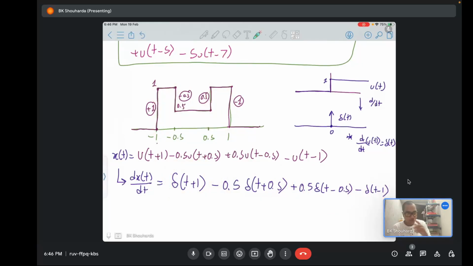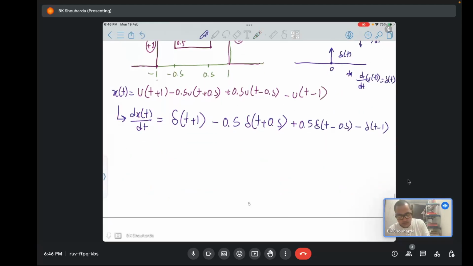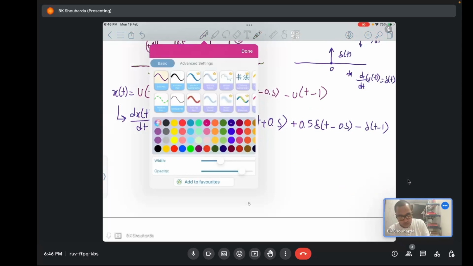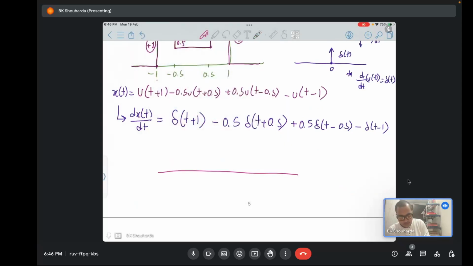Okay, very simple. So how would this look like? You would end up drawing something like this: minus 1, minus 0.5, 0.5, and minus delta. Okay, so let's say this signal is y of t.